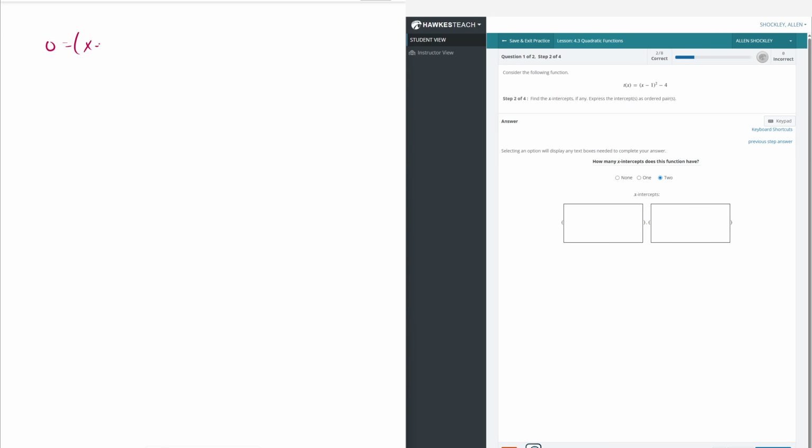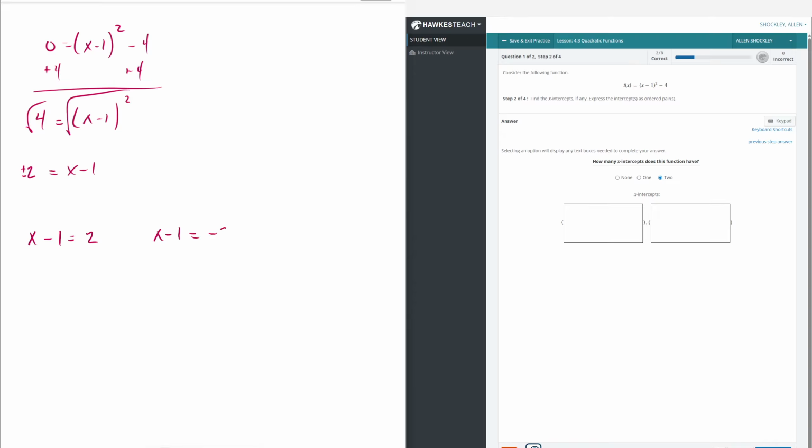0 equals x minus 1 squared minus 4. Add 4. 4 equals x minus 1 squared. Square root, plus or minus 2 equals x minus 1. x minus 1 equals 2. x minus 1 equals negative 2.